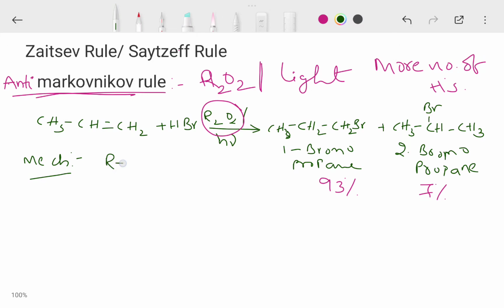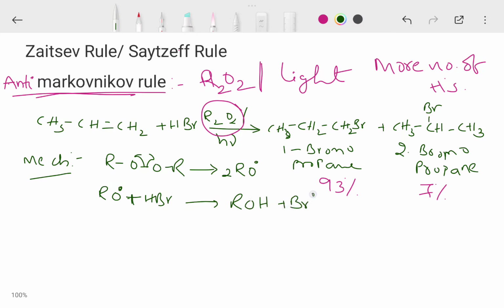In the presence of peroxides, homolytic cleavage takes place, and peroxides give two RO dot radicals. In the presence of these radicals, hydrogen bromide gives ROH and Br dot, a bromine radical.